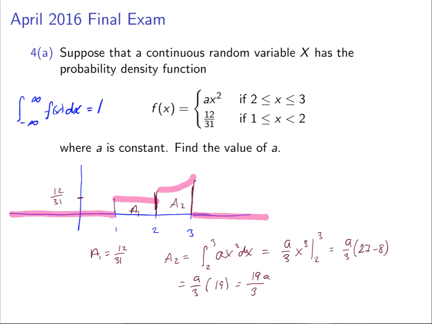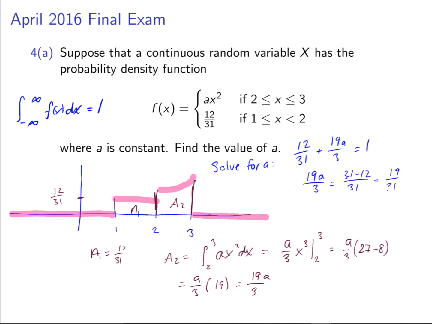Now because the area under the entire curve has to be 1, this tells us 12 over 31 plus 19a over 3 is equal to 1, and now we just solve for a. So 3/31 is the value of a that turns f of x into a probability density function.